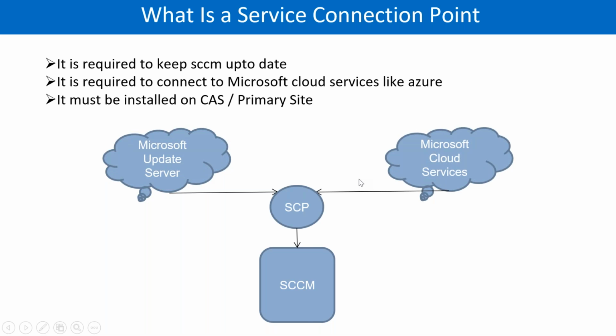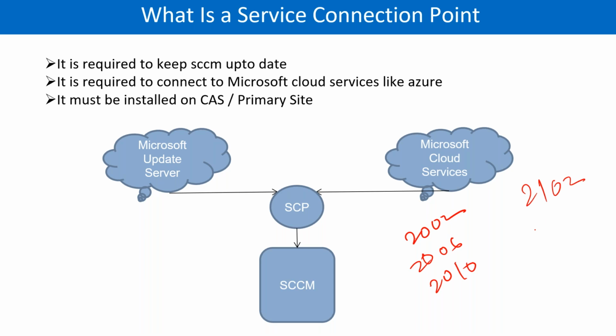Okay, so service connection point is what it is. Basically, it keeps SCCM up to date. Whatever updates are released by Microsoft for SCCM, only for SCCM, not general updates I'm talking about. Let's say today it is 2002, for example. Tomorrow it will be 2006, then 2010, and next year 2102.